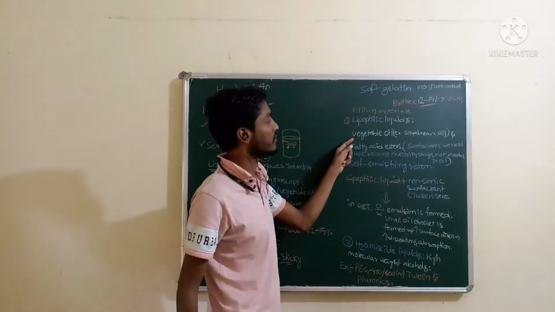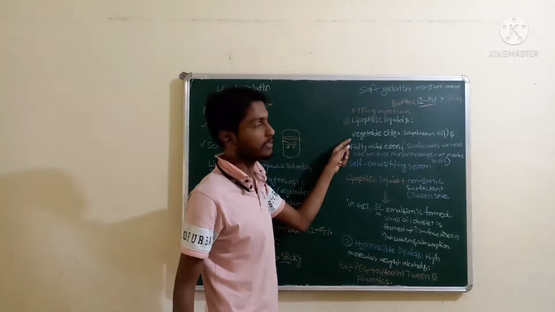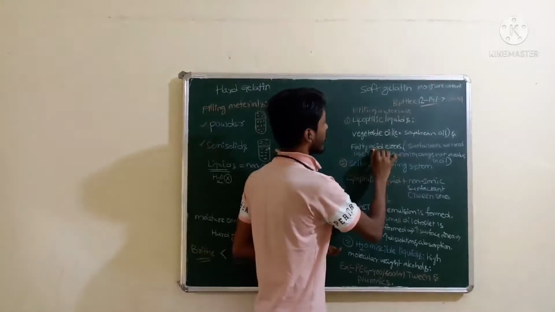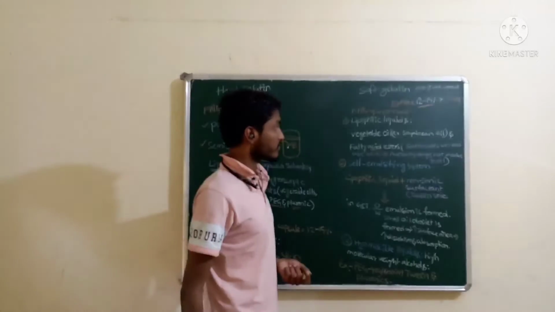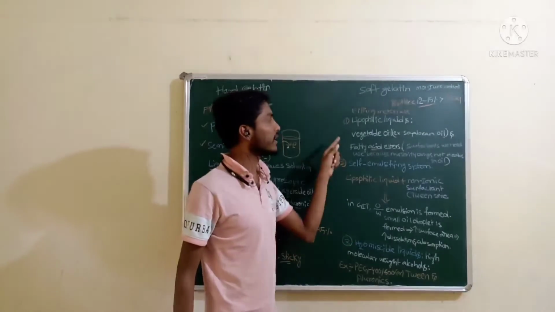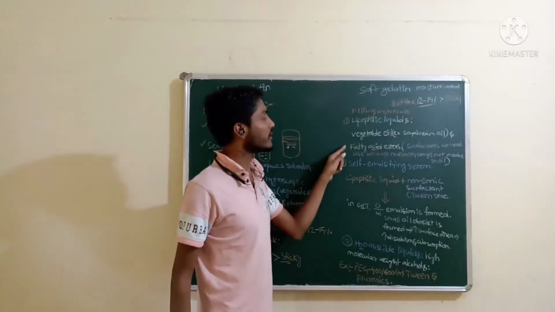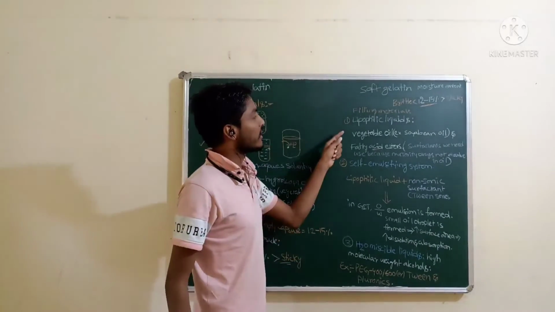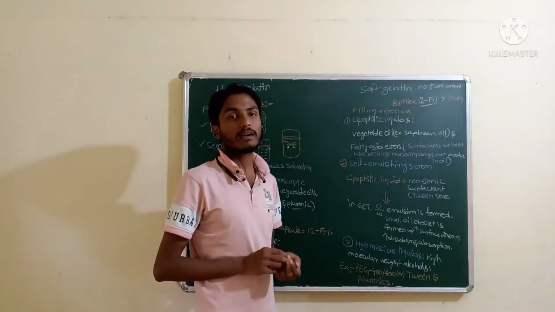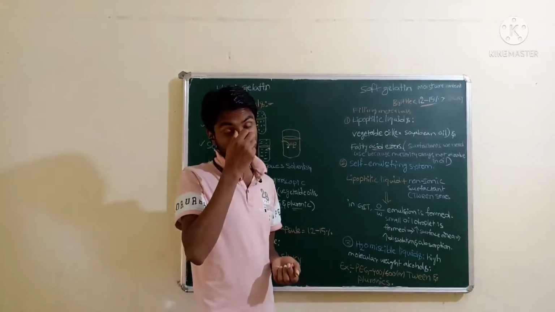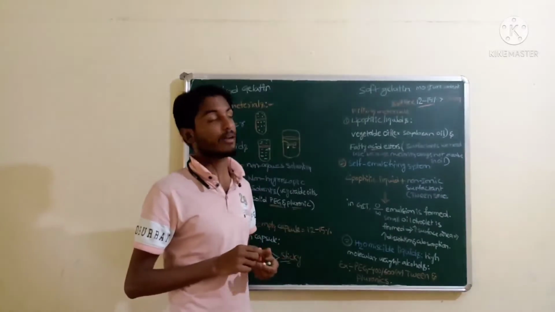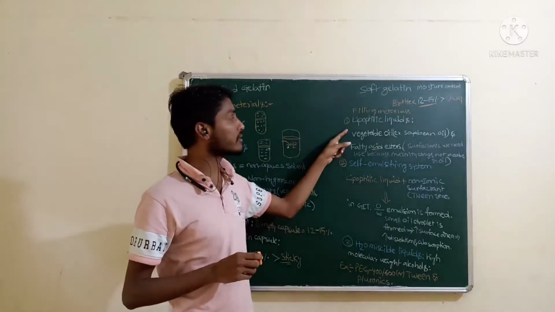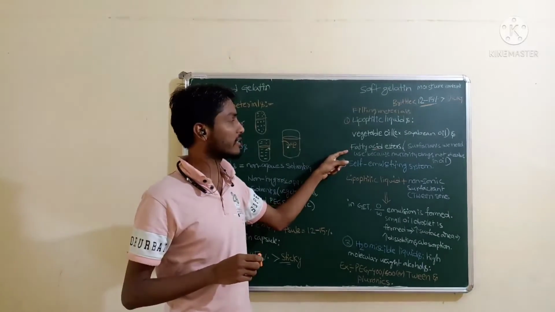Lipophilic liquids, that is, vegetable oils like soya bean oil, and fatty acid esters. So we are using oils here. Generally the majority of drugs are not soluble in oils and these fatty acid esters.